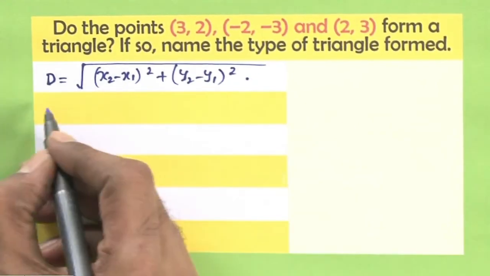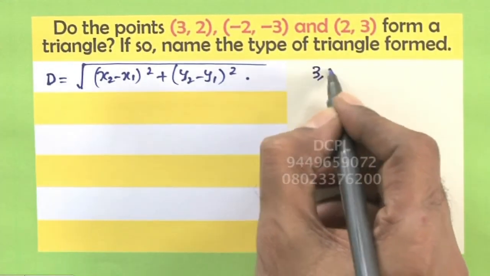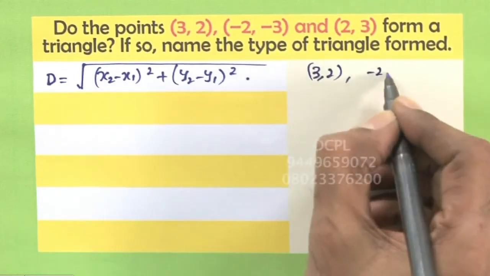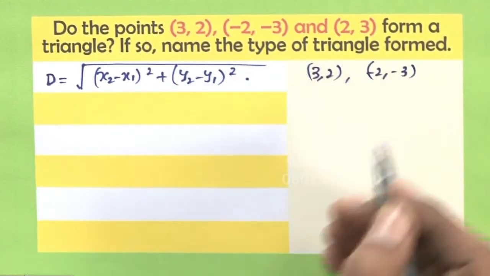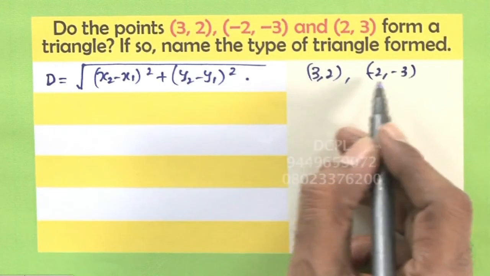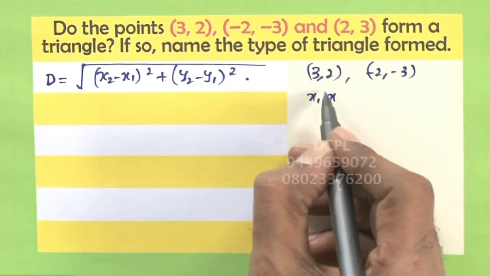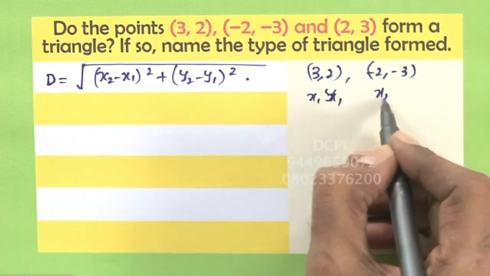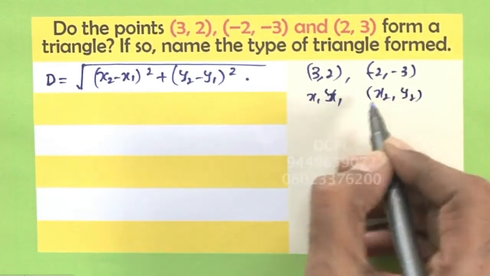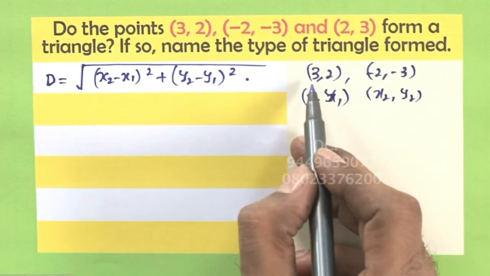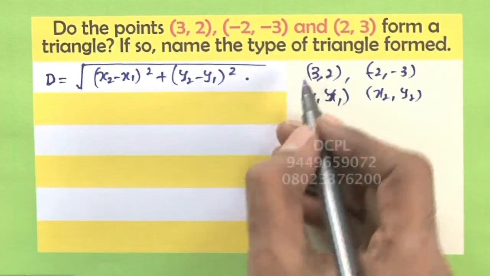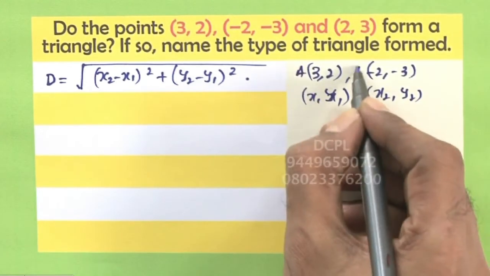Consider (3, 2) and (minus 2, minus 3). You call this x1, y1 and this x2, y2. So now, let us call this point A and this point B.